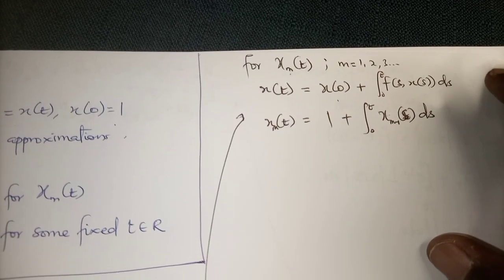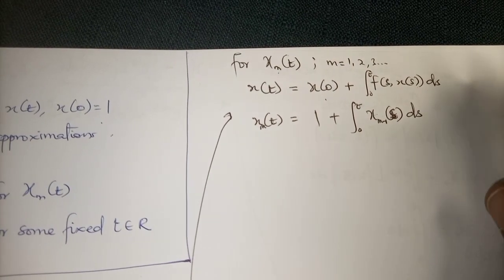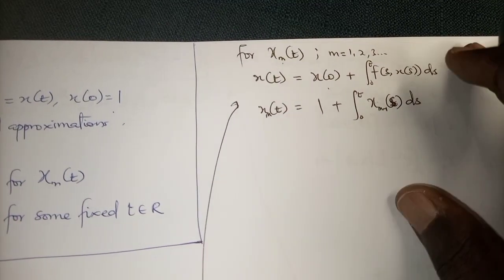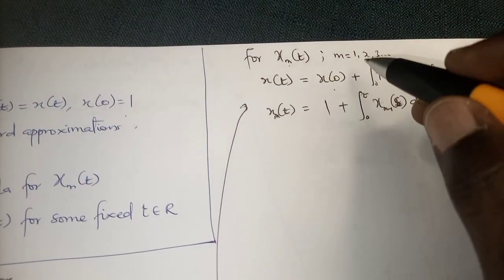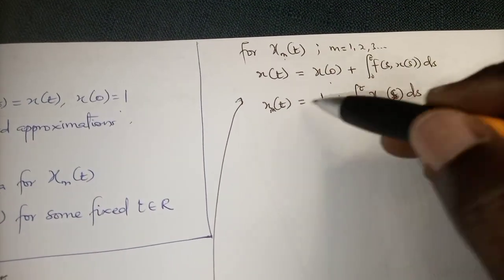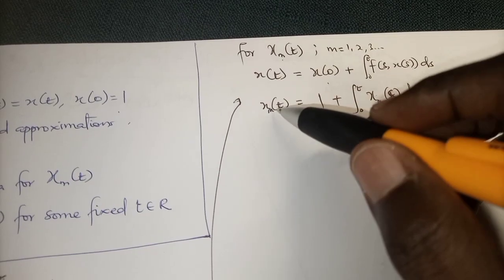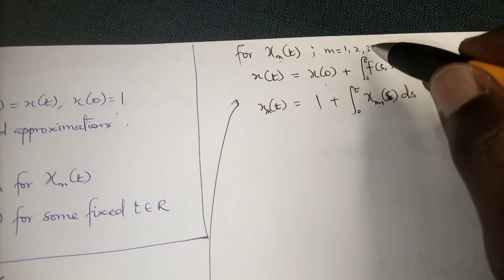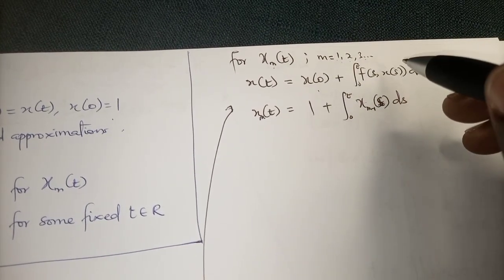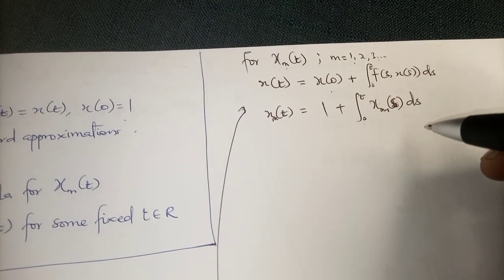Okay, so now what we do is find the corresponding values of the function for each of the integers starting from 1.